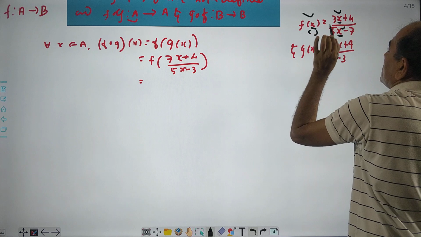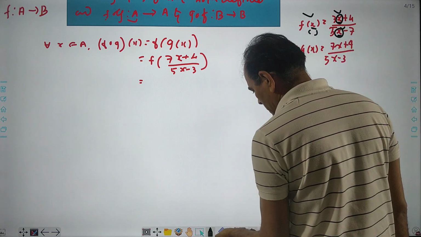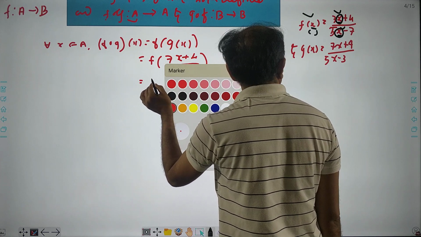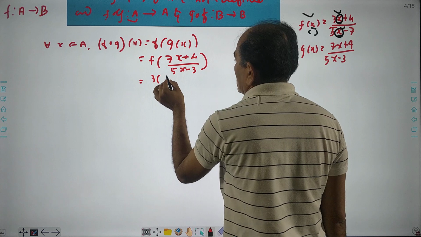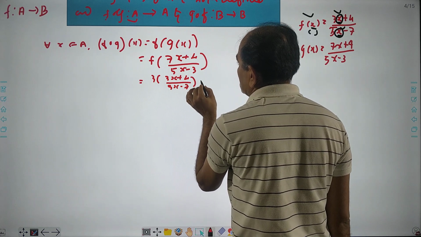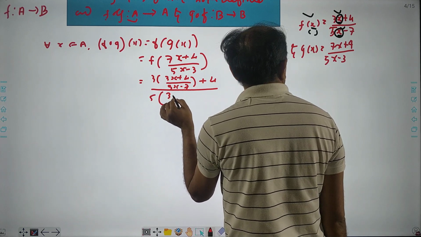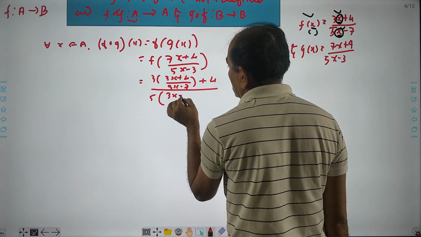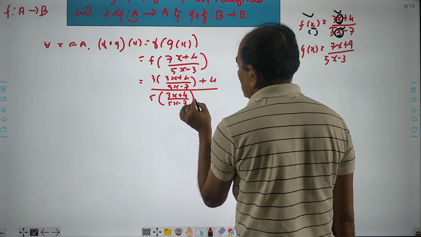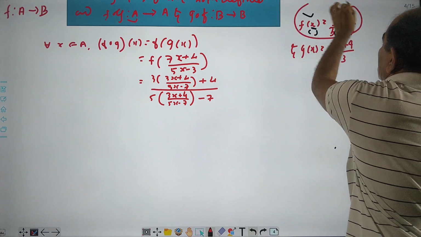If you take some expression, then here 3 times something plus 4 over 5 times something minus 7. So that is equal to f of... We are using this part here.